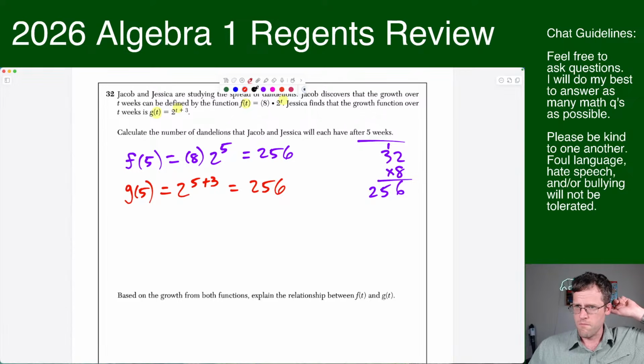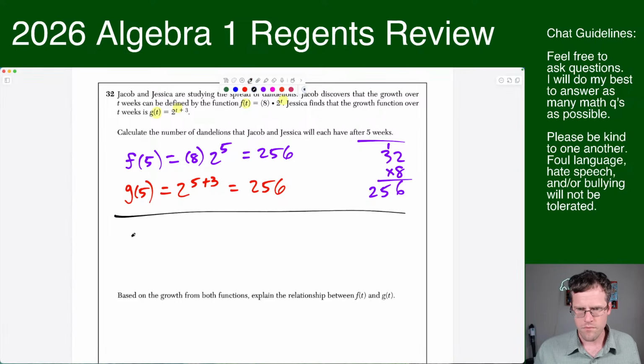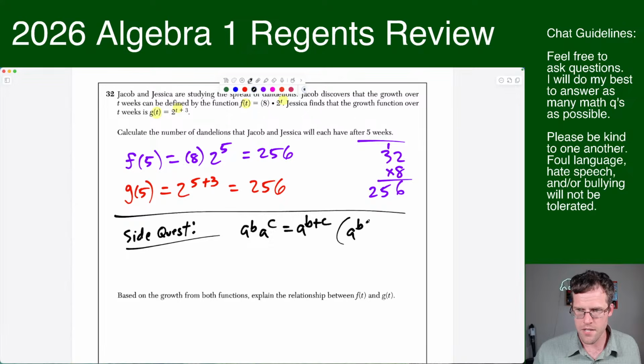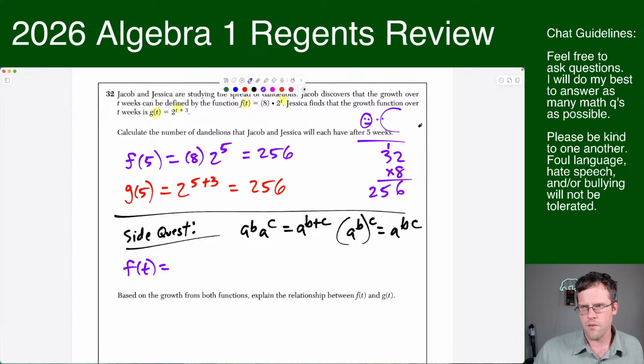Well, for this one, little side quest. On the side quest here, remember this rule: a to the b times a to the c is a to the b plus c. And a to the b to the c is a to the b times c. For f of t, instead of calling it 8 times 2 to the t, I'm thinking how 8 is equal to 2 to the third power.